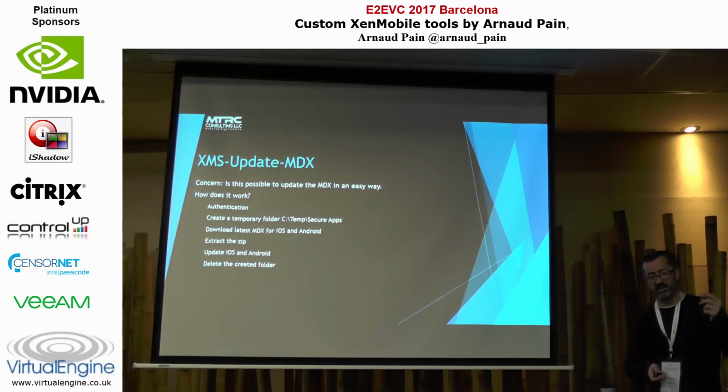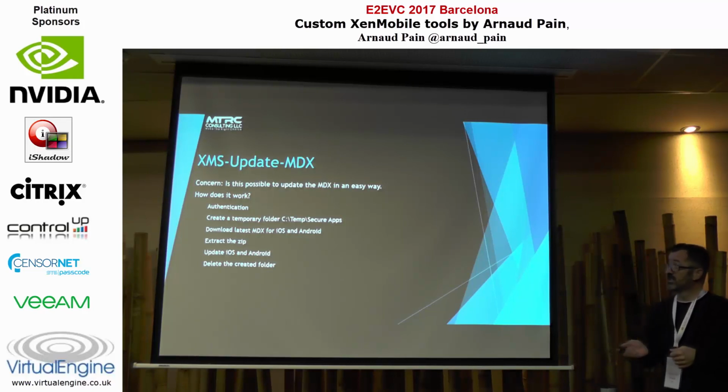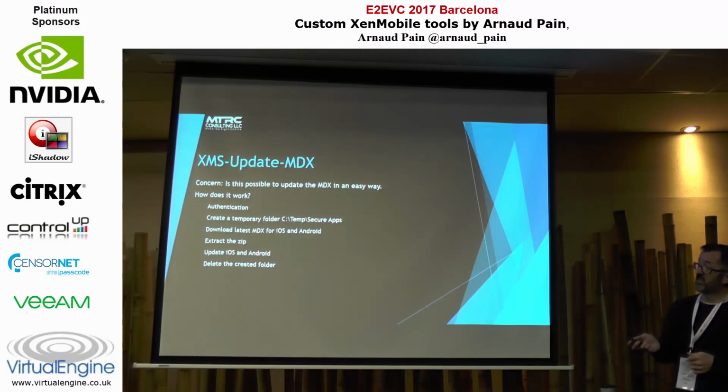So you need to go inside each application individually and on each platform, iOS, Android, Windows, Mac, to upload. So I decided to create a script to perform this task because I have some customers who are using all the secure apps from Citrix. It can be time consuming to go on each.